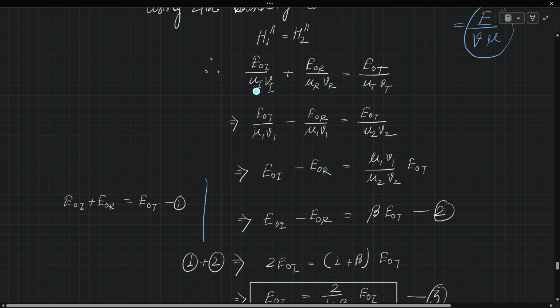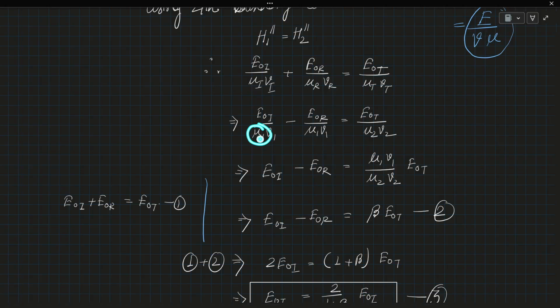So for mu I, I can write mu 1, as the incident wave is in medium 1, and VI can be replaced by V1, right? And then for the reflected wave, mu R is also mu 1, but VR is minus V1, because as you can see, VI was in this direction, but VR was in this direction.